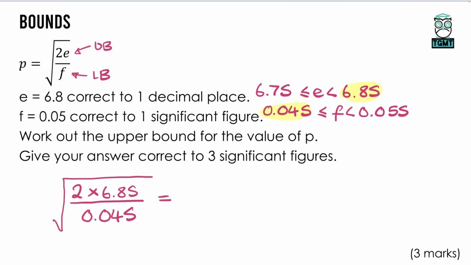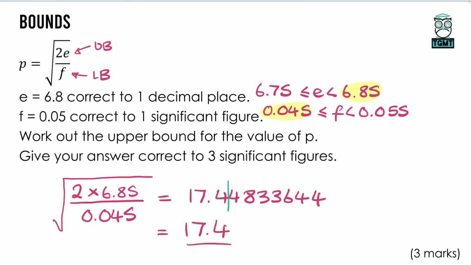Once we've typed that in, it does want us to give our answer to 3 significant figures, but if we type that into the calculator, 2 times 6.85 on the top and 0.045 on the bottom, making sure it's all underneath the square root, we get a final answer which comes out as 17.4483344. I've written the whole number down. Now I'm going to round it to 3 significant figures, which is just after the 4 there. So that comes out as 17.4, and that is our upper bound.